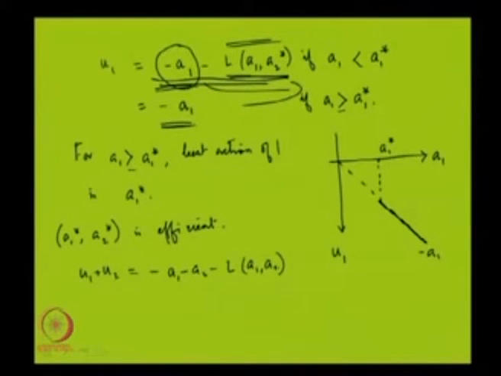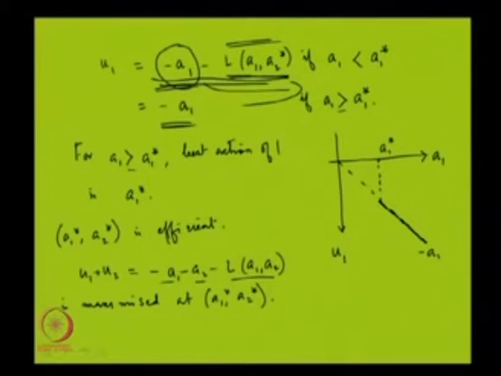This is the total loss. Part of it will be borne by the injurer, part of it will be borne by the victim, and the cares that have been taken by these two players. Total payoff to both these players is maximized at A1 star and A2 star. So, this is the meaning of efficiency one is invoking in this case.